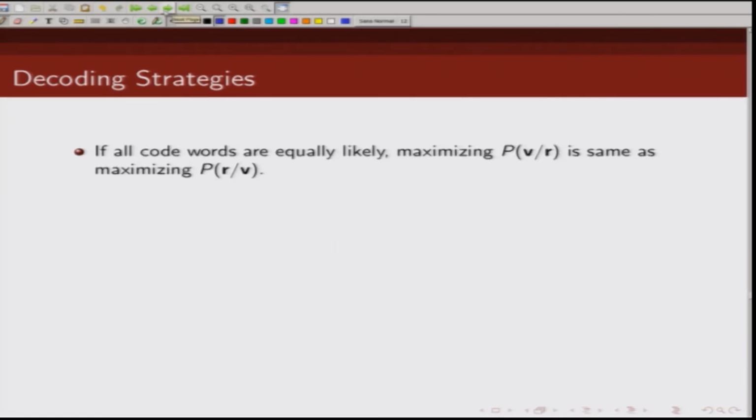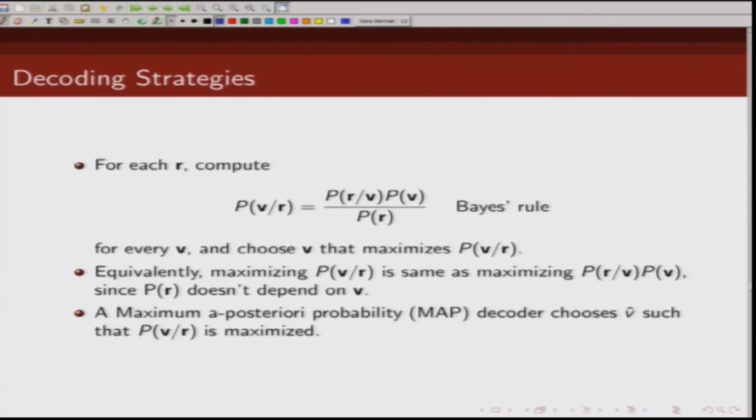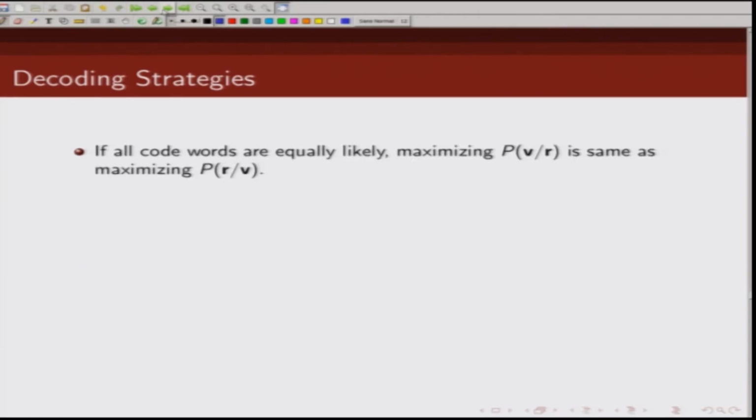Now, what happens if all code words are equally likely to happen? If all code words are equally likely, then look at this term: the probability of V will be the same. So, in that case, maximizing the probability of V given R is the same as maximizing the probability of R given V. So, that is what we are saying.